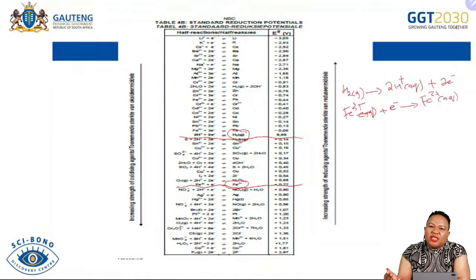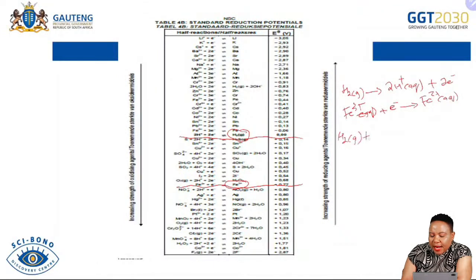The reason why I'm always referring to the phases is because it will assist us, especially when we write our cell notation. Therefore, the electrons are not equal. When we write our overall, we need to make sure that our electrons are equal. So it means it's going to be H2 gas plus 2 Fe3+ aqueous, giving us 2 Fe2+ aqueous plus 2 H+.